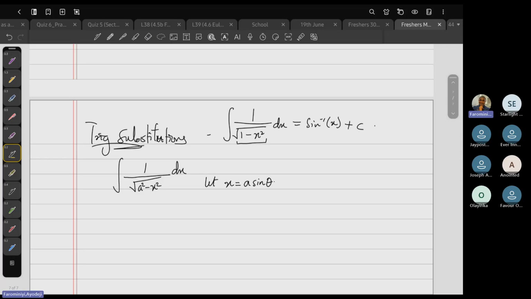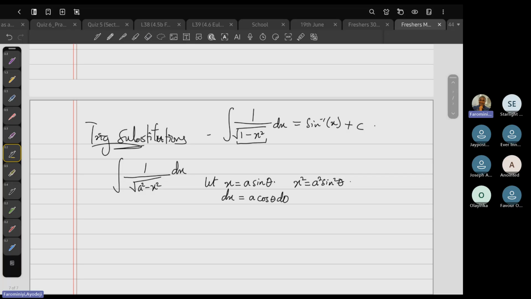If x is equal to a sine theta, then it means x squared is equal to a squared sine squared theta. And dx d theta will be equal to a cos theta d theta.